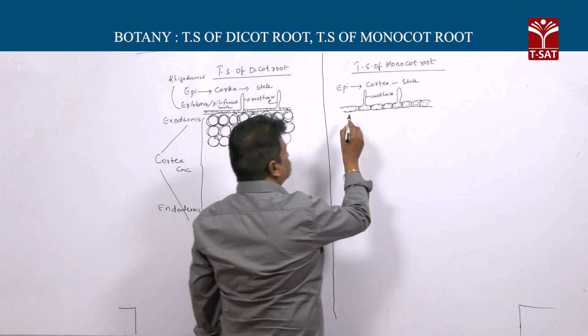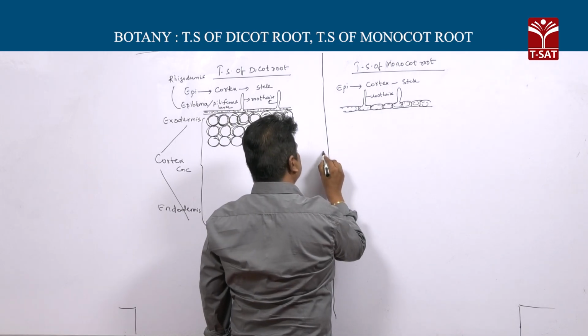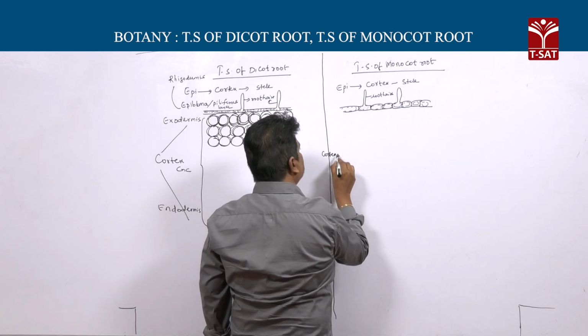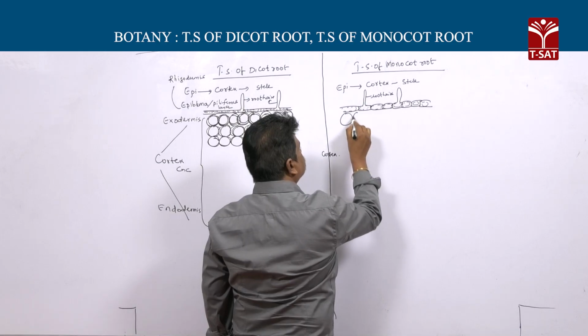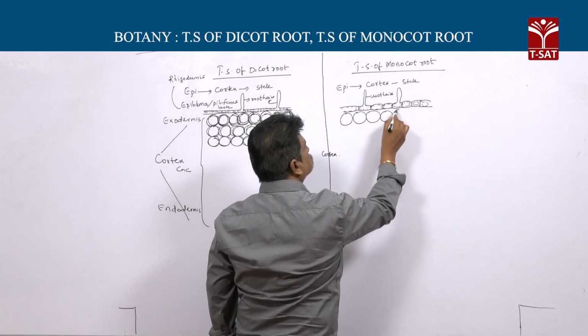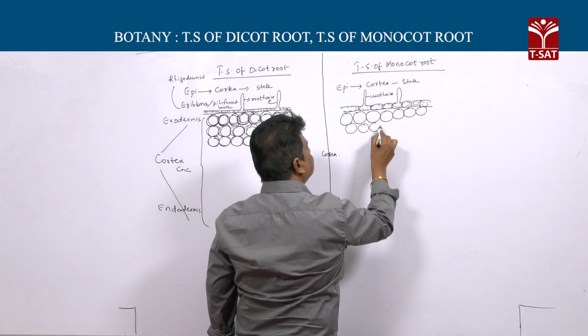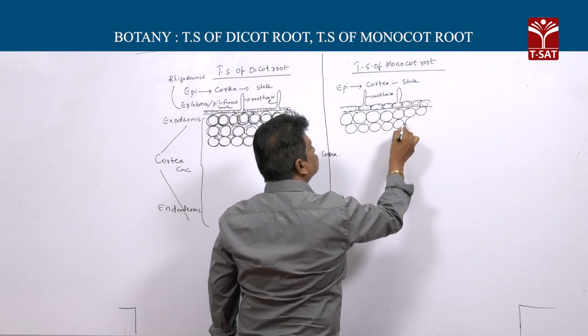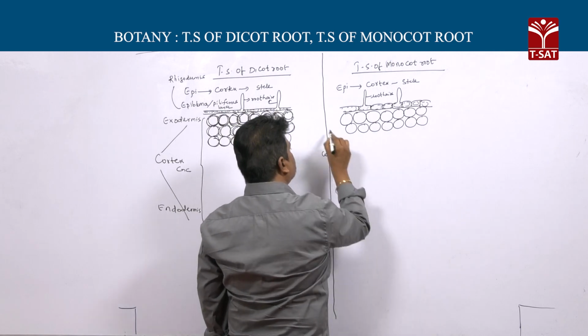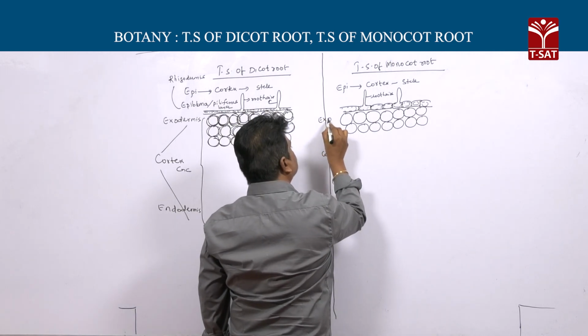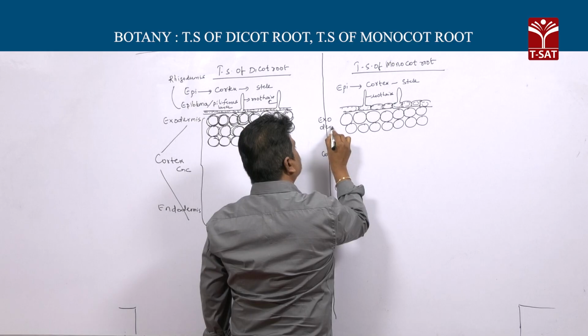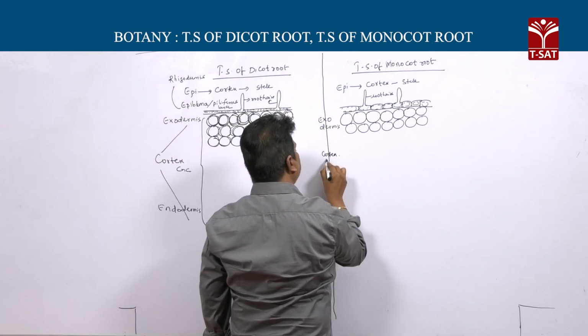Even in monocot root, that cortex shows 3 parts: exodermis, then general cortex, and endodermis.